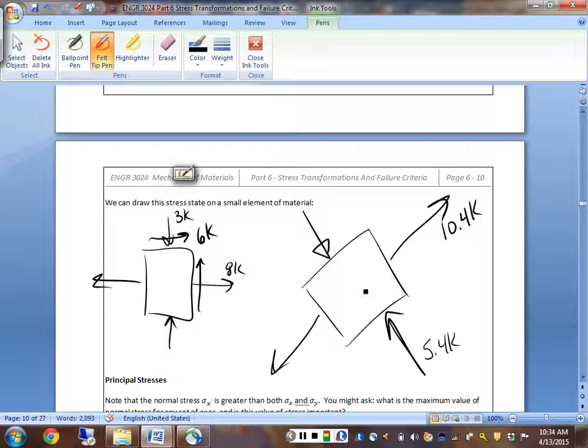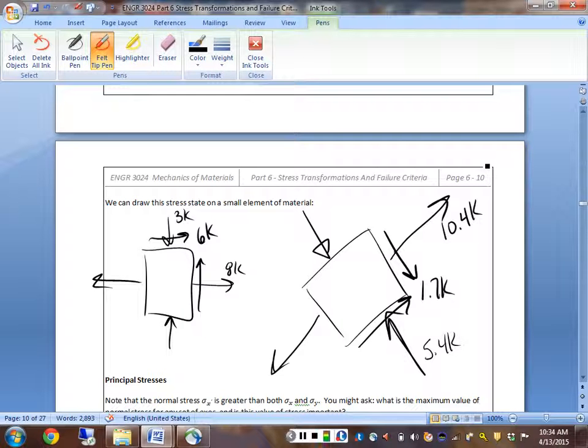And again, the stress goes by the plus x prime face, and it's negative in the y prime direction. So my shear stress looks like that.